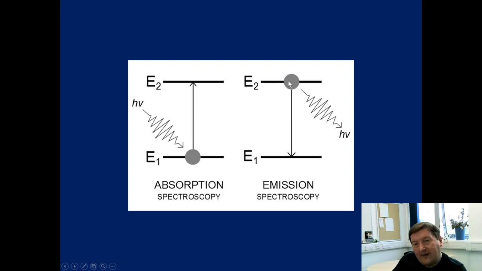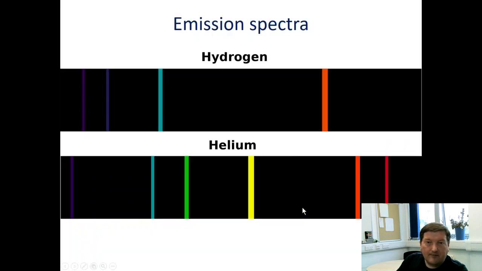And if the energy matches the gap to fall back down from the excited state to the ground state, then the energy emitted will be characteristic of that jump. That's called emission spectroscopy. And in these emission spectra, also known as line spectra, you get these characteristic bands. Each of these bands corresponds to a particular energy value in joules.